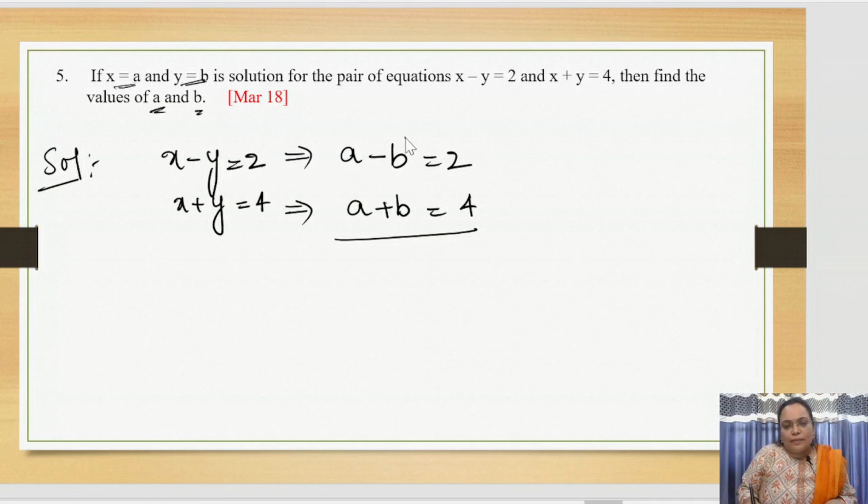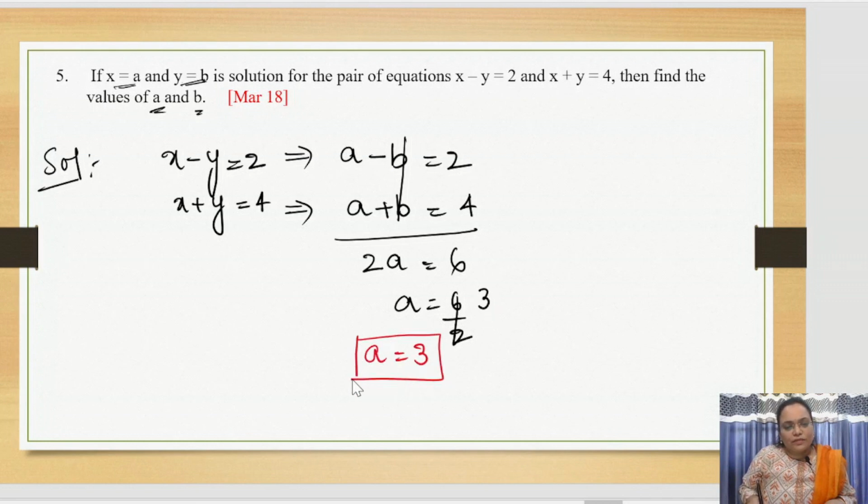When you add them, the b terms get cancelled, which gives 2a = 6. a = 6/2, which is 3. You will get a = 3. When a = 3, you can substitute in any of the equations and find the b value.